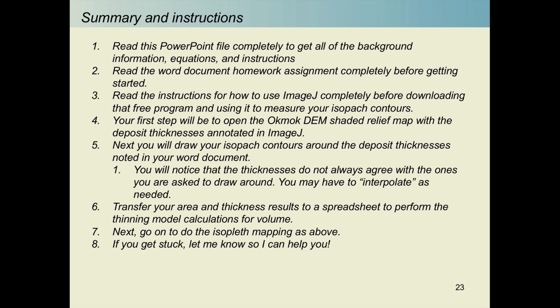You're going to notice that the thicknesses don't always agree with the ones you're asked to draw around, because in real life field geology data, you're not going to end up measuring these isopach contours precisely around one number. You're going to basically get the observations you get from where you can go. So you might have to interpolate in between isopachs as needed.